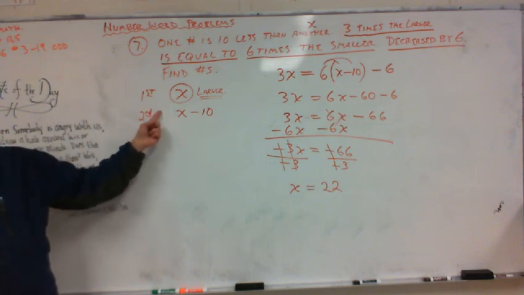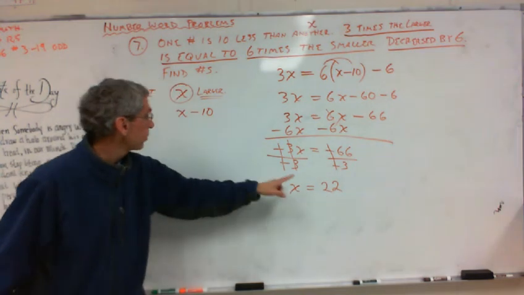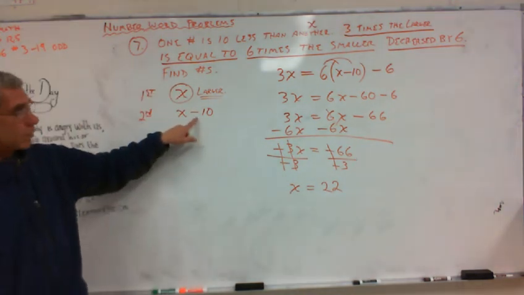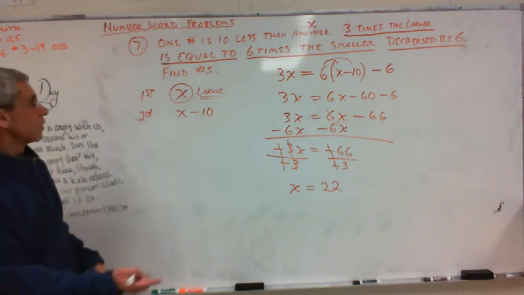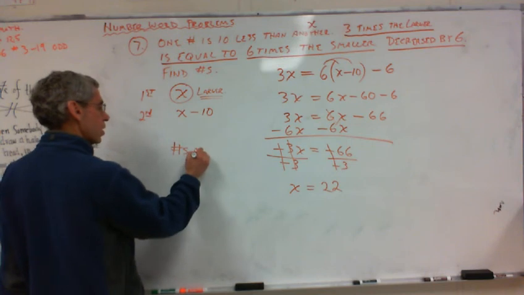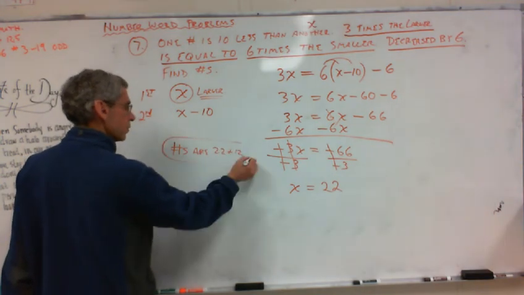Violet, are you looking at this? Okay, look at this. My first number, x, is 22. So my second number is 22 minus 10, which would be 12, right? So the numbers are 22 and 12.